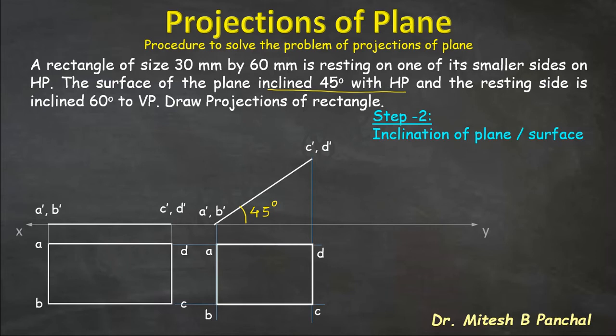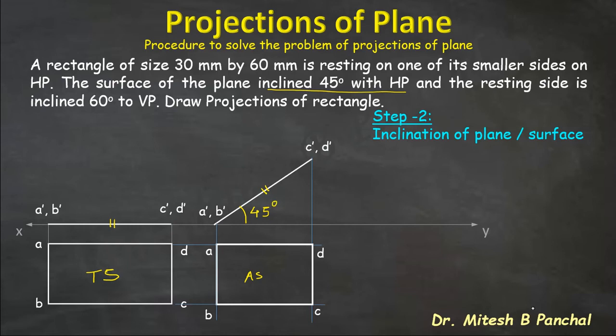So here in this particular step, we will get the apparent shape. So this one is the true shape that we can obtain in the first step. And in second step, we have the apparent shape and line view that is inclined to XY. Here this line view length and length of this line view, both the lengths are same.